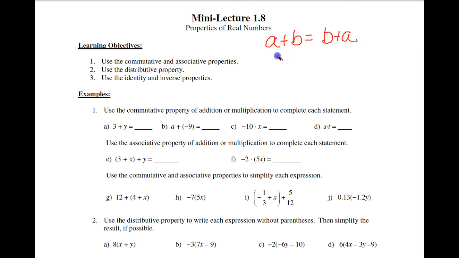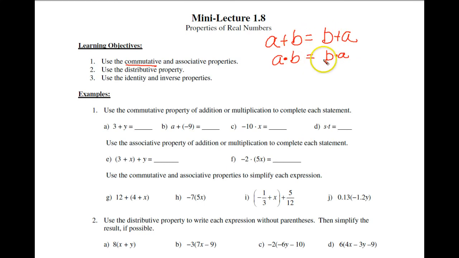Or if we have A times B, and we then say B times A, just switching them around, these are equal. This is the commutative property of addition, the commutative property of multiplication.